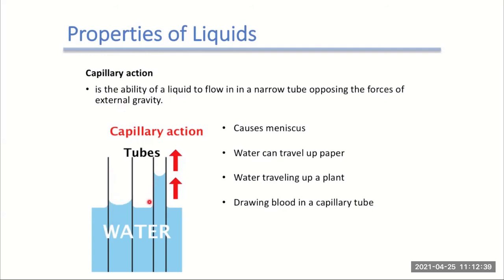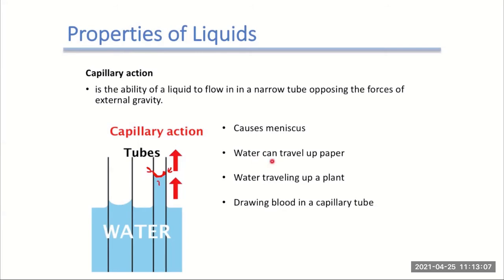And what's happening is the water is rising up the sides of the tube and kind of clinging to the sides of the tube as it's going up it. This allows it to essentially flow against gravity. And so what happens when it does that, we have more tension on the surface here than we do in the middle. So we end up with what we call a meniscus, where the water kind of bows downward.